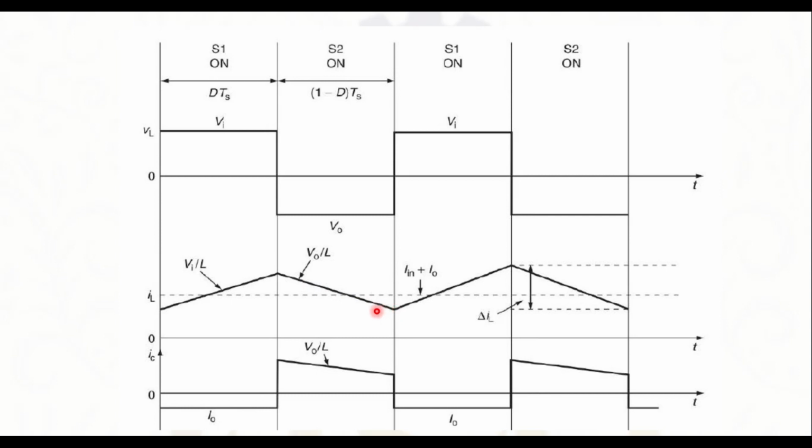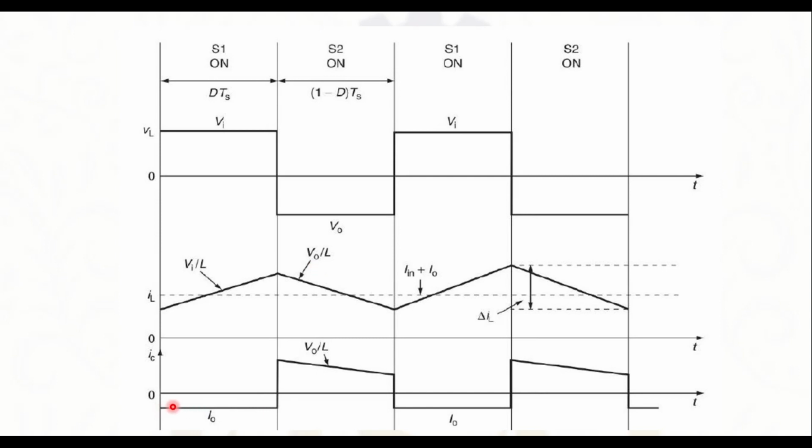That is why the graph is shown like this. During the initial time it is Vi by L, because the voltage across the inductor is Vi, and during this time the voltage across the inductor is Vo, therefore the slope is Vo by L.